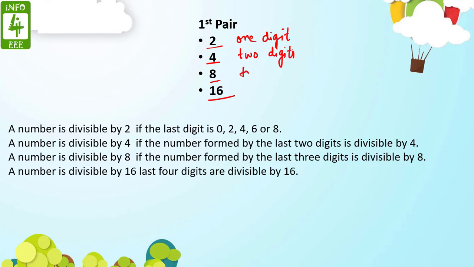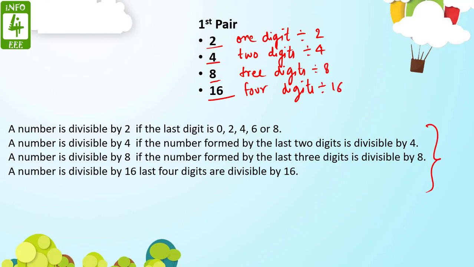For 8, the last 3 digits. And for 16, the last 4 digits. And these digits should be divisible by 2, 4, 8 and 16 respectively. So this is the divisibility rule for 2, 4, 8 and 16.